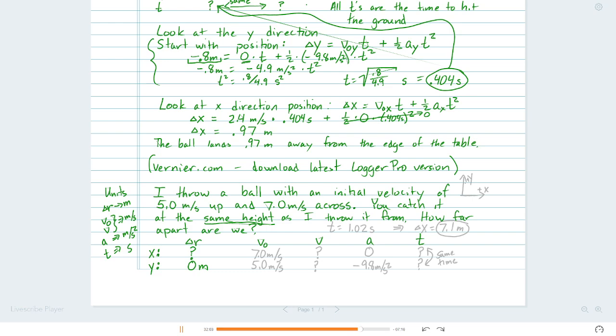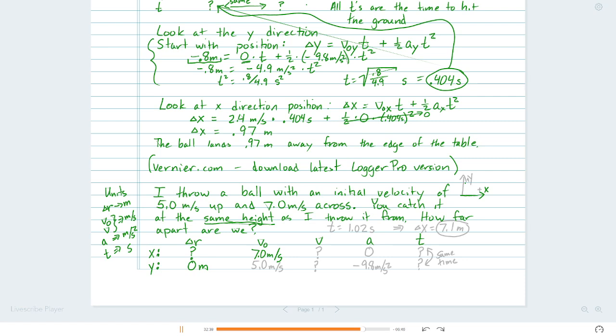So, what about our initial velocities? What's the x velocity in the beginning? Seven meters per second across. When we do this, when we've said our y is 0 and our v naught x is 7, we have said that across is the x direction.